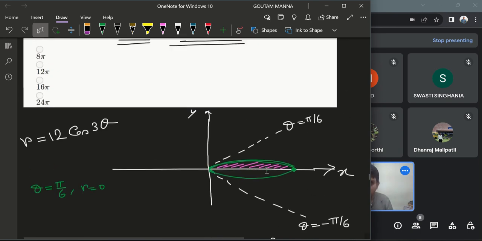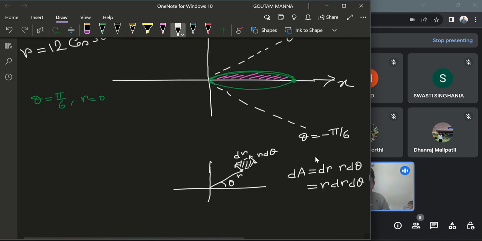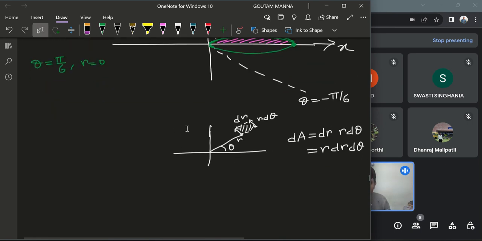So this is a small area element at any point in this plane polar coordinate.